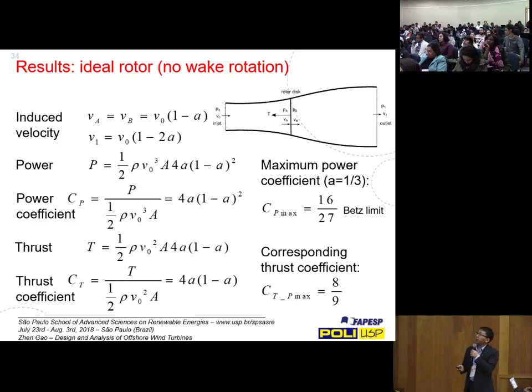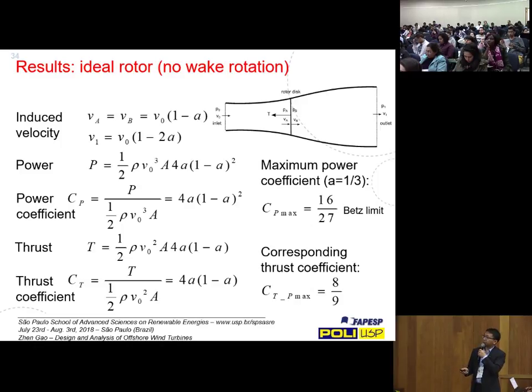Here we assume that A is the axial induction factor at the rotor plane. So this basically reduces the wind speed at the rotor plane. And at the far field, it's more or less 1 minus 2A. And for the power, you can get the power coefficient like this, purely as a function of the axial induction factor.